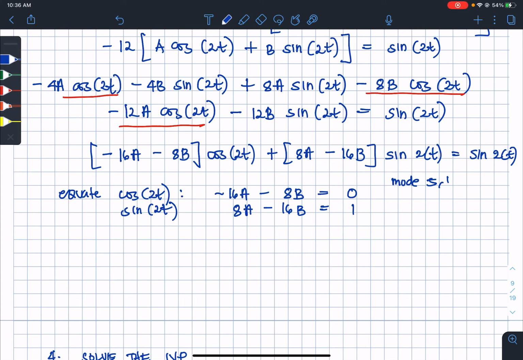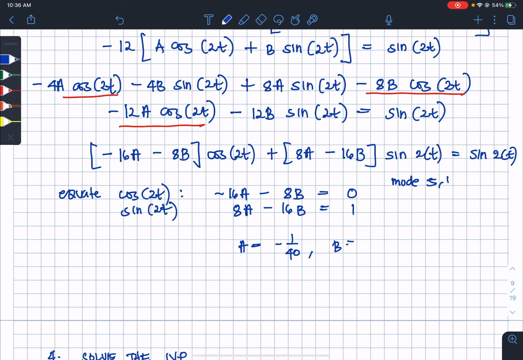Ang format natin yan is negative 16, negative 8, 0, 8, negative 16, and negative 1. So from there, we have a to be equal to negative 1 over 40.